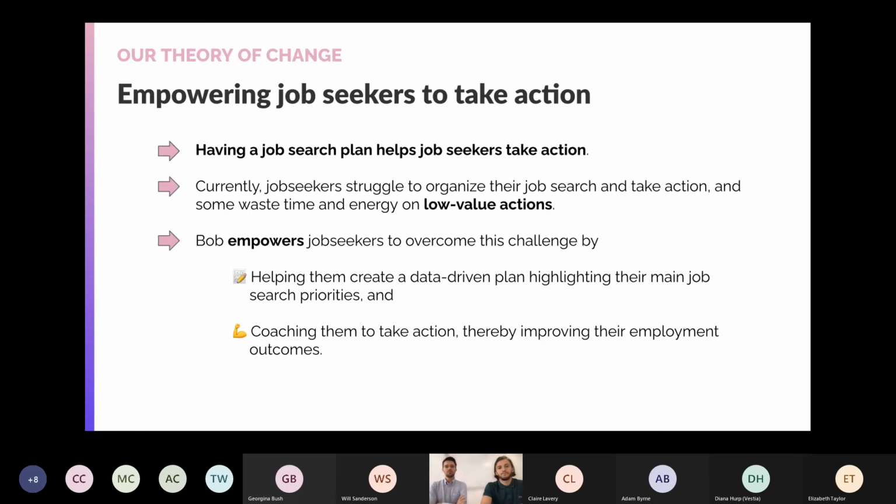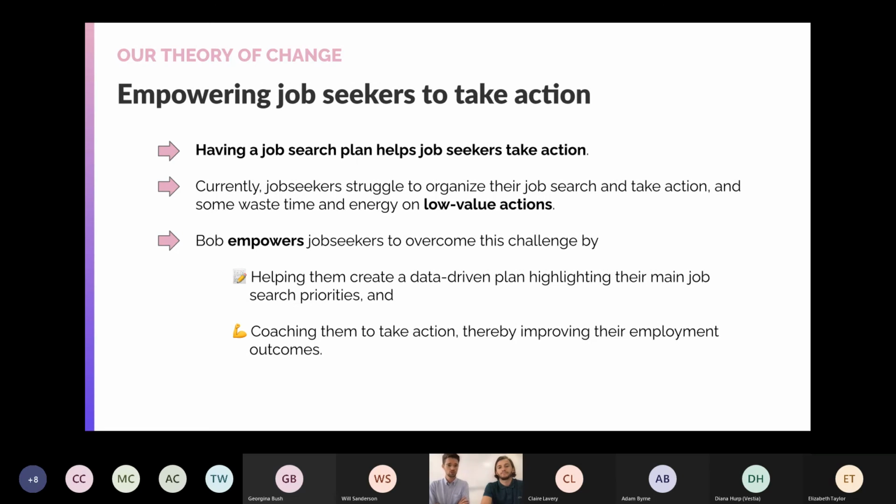Based on this, we developed the theory of change, which is that, well, as you all know, having a job search plan helps job seekers take action, but it's interesting to see that the mere fact of having a plan, irrespective of what's in there, is in itself a very strong driver. We saw that job seekers struggle to organize their search, and they may spend a lot of time on low-value actions.